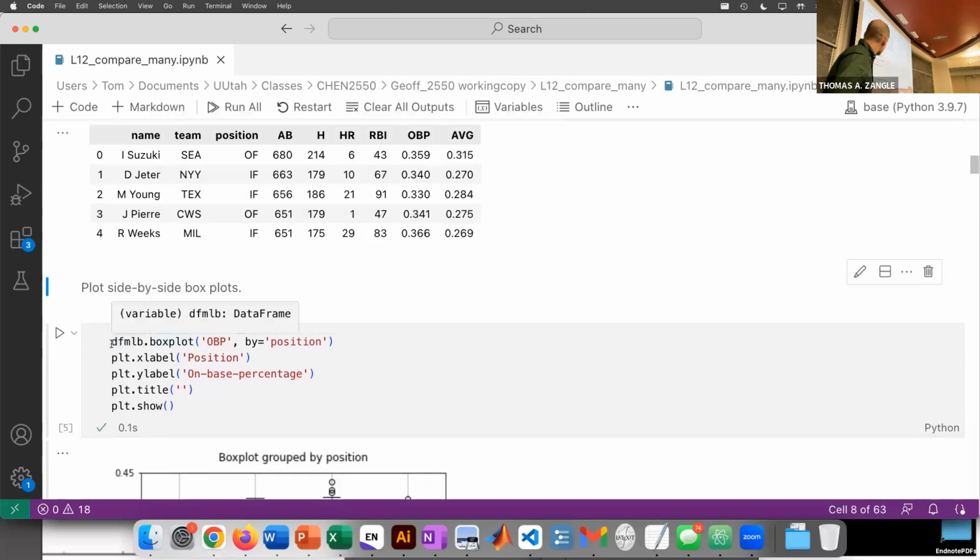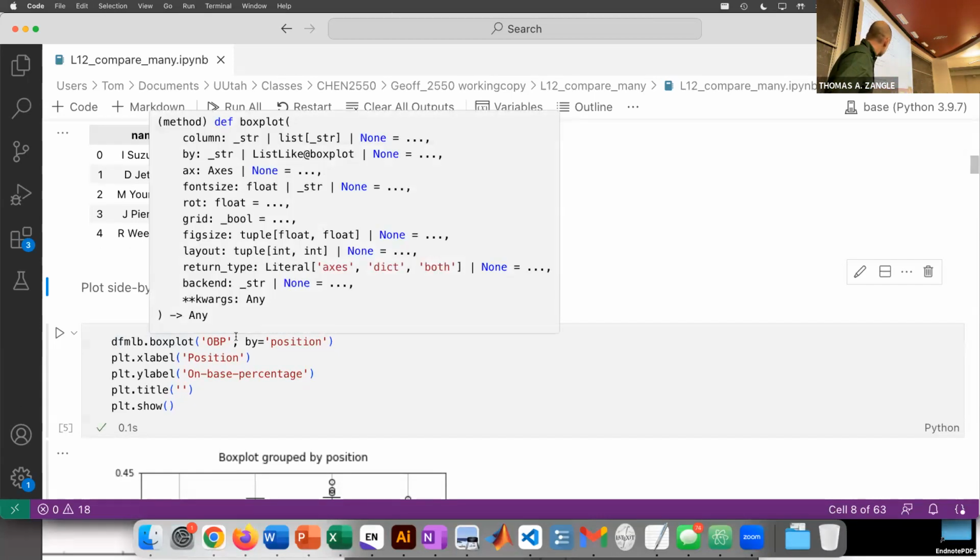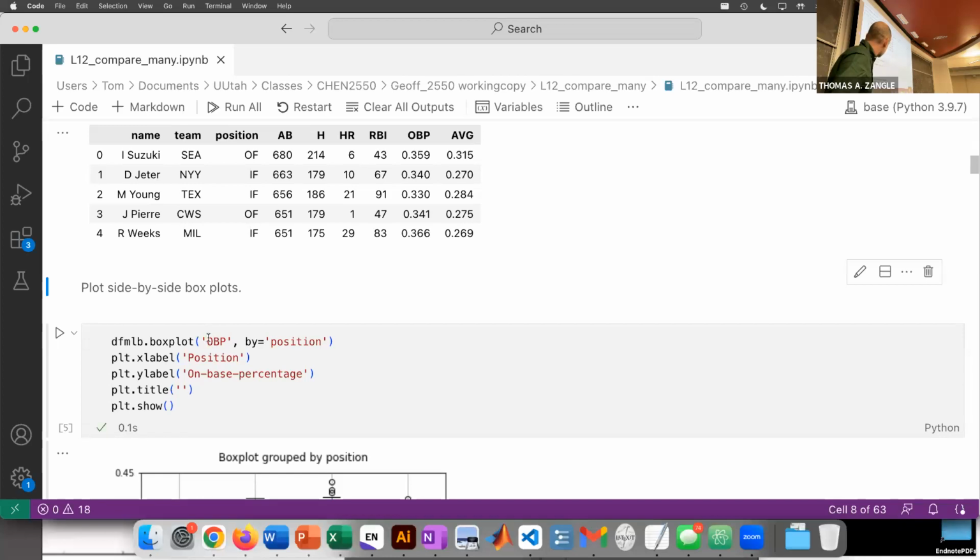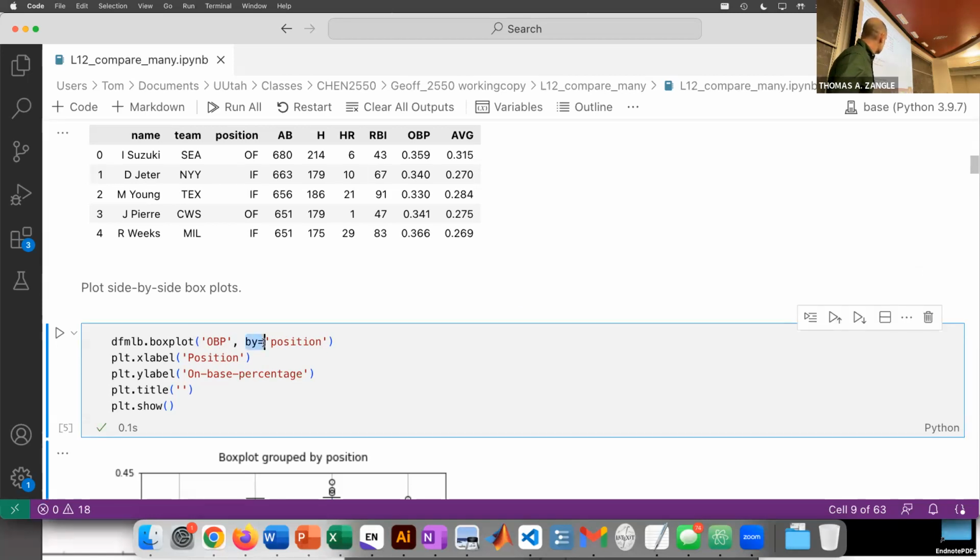And in Pandas, one of the reasons to use it is that it allows us to simplify our syntax a little bit for making a box plot. So we're going to make a box plot of on-base percentage, OBP, and we're going to group it by position, right?